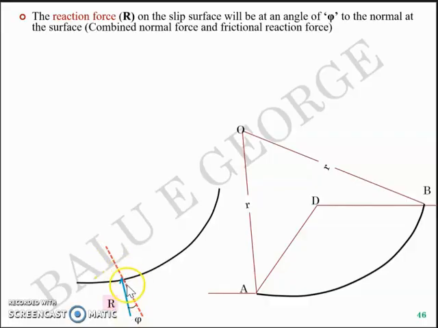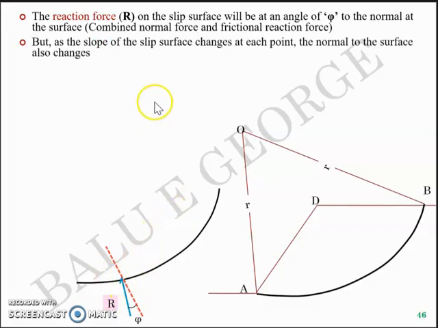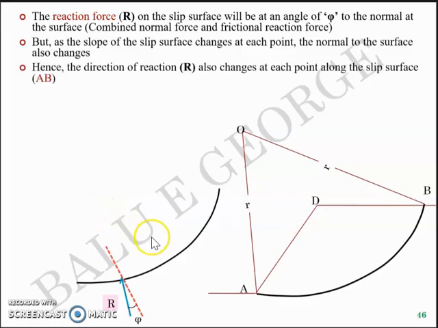Now this normal and this direction of R is concerned with just this point. As the slope of the slip surface changes, at each point the normal to the surface also changes. So the normal at any other point will have another direction likewise. Hence the direction of reaction R also changes at each point along the slip surface AB.